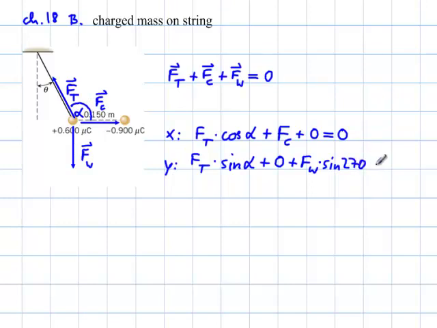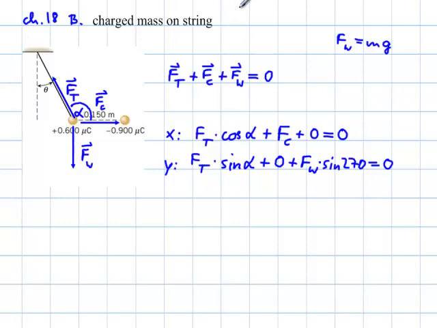And that again is 0 because nothing is happening. And of course Fw is written as mass times gravity, mg. Here we go. Both of these are positive numbers, the negative number comes from this sine 270 degrees.